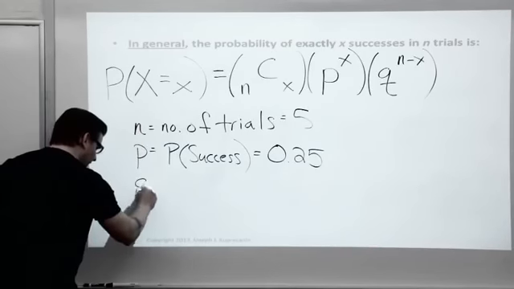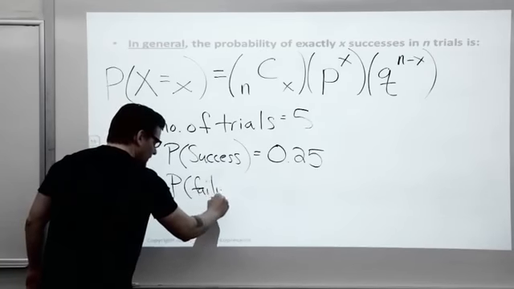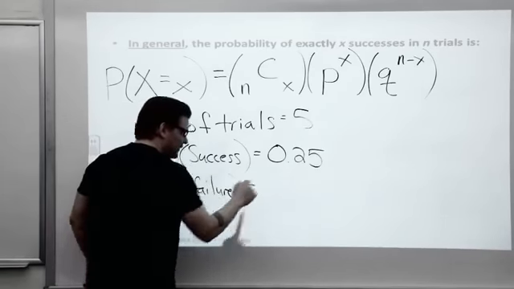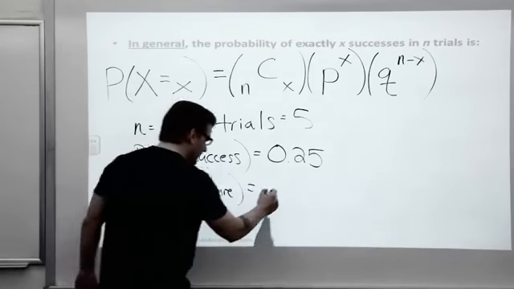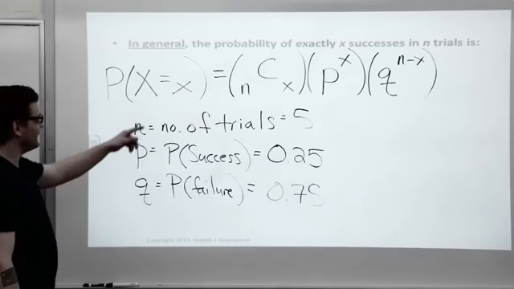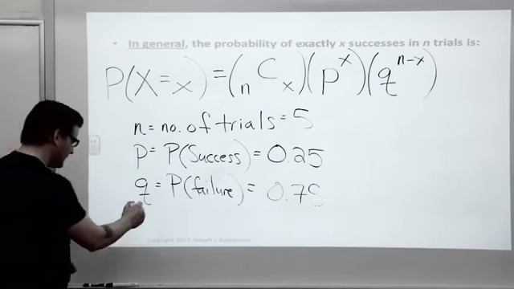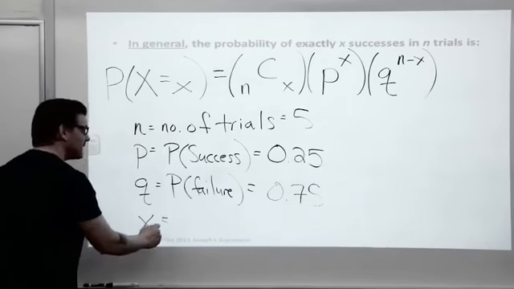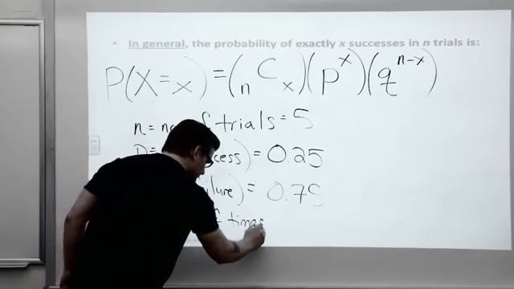What's left? q over there. q is the probability of failure. And if there's a 25% chance that we do get a spot, that leaves us a 75% chance that we don't. All right? And do we have any other letters left? N, x, number of trials. Yeah, x, sure. x is going to be what? x is going to be the number of times we get a spot.